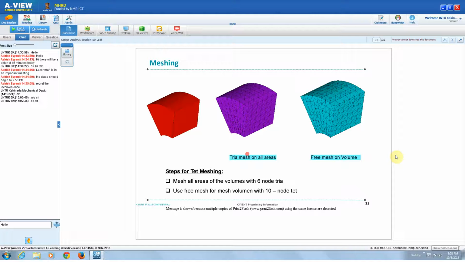Then the question comes, what will happen if I select a 3 noded tria and mesh with 10 noded tet? When you mesh the surface with 3 noded tria, there won't be any mid-side nodes on the surface. The mid-side nodes will be inside.